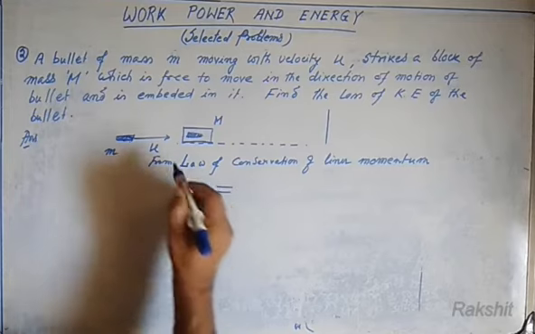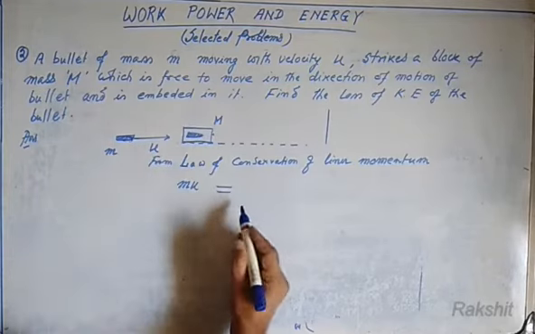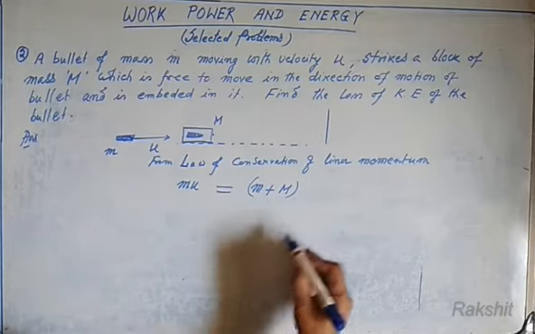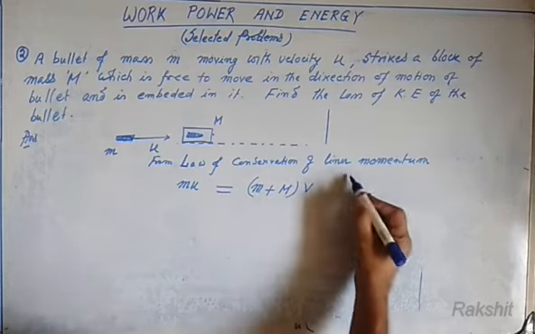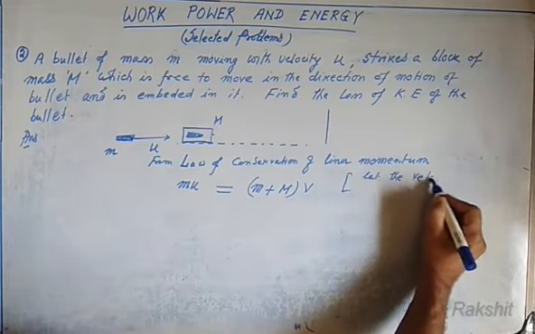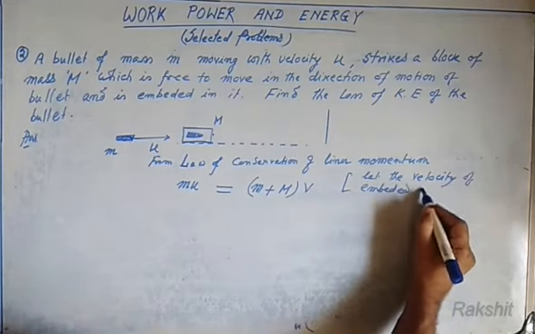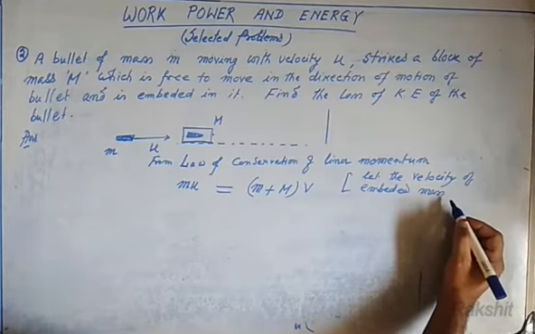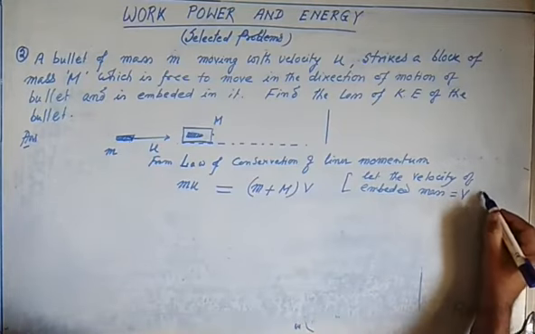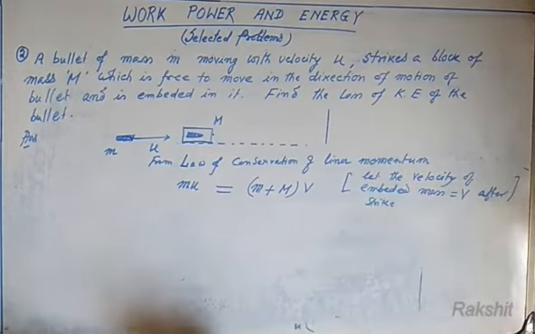And finally, the bullet is embedded inside the block. That means the velocity of the bullet and the block are the same. The final momentum is equal to (m plus M) times v, where we suppose the velocity of the embedded mass, the combination of the two bodies, is v after the strike.